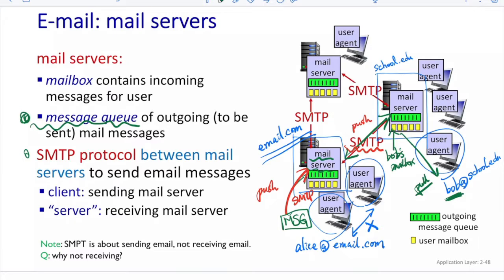So sometimes it acts as a server to serve your user agent, but sometimes it acts as a client to be served by the receiver's mail server. So it's very similar to the HTTP web proxy.